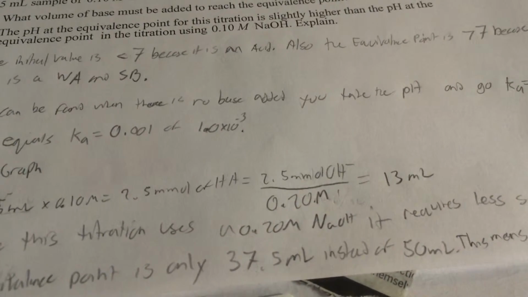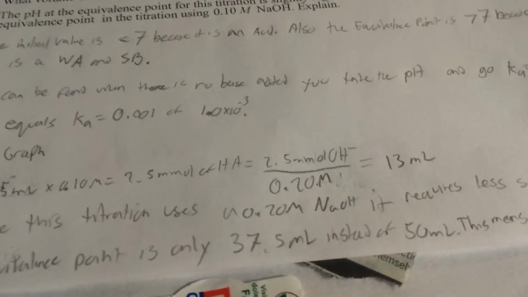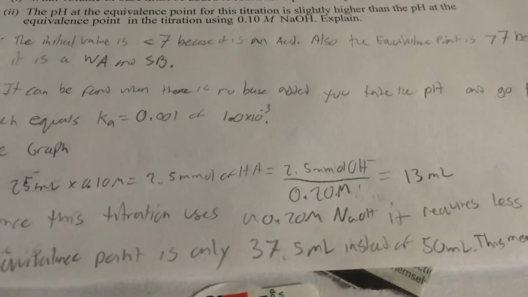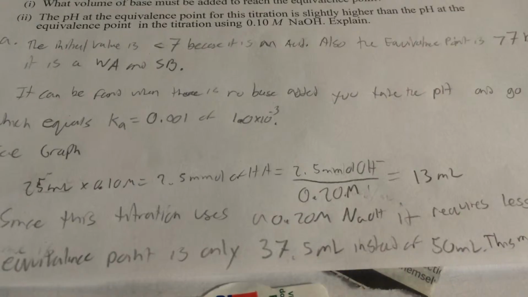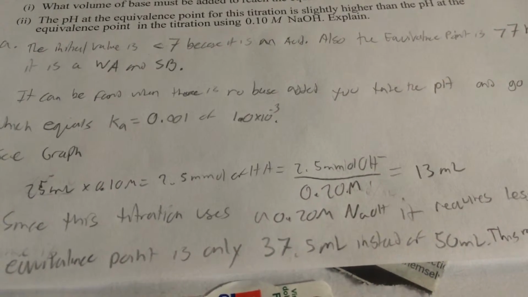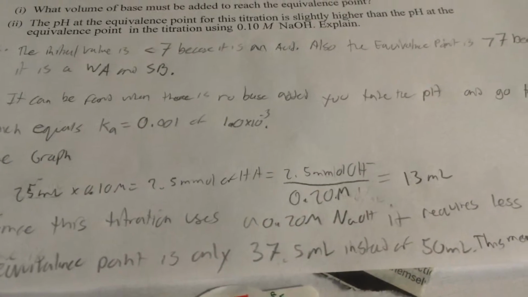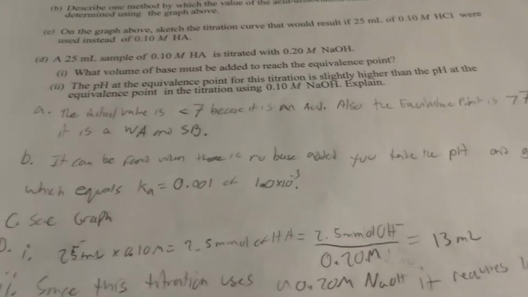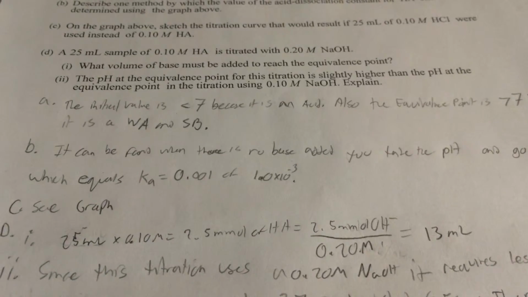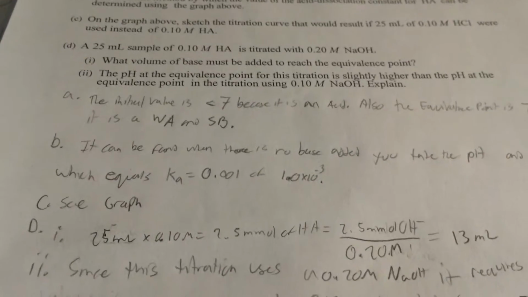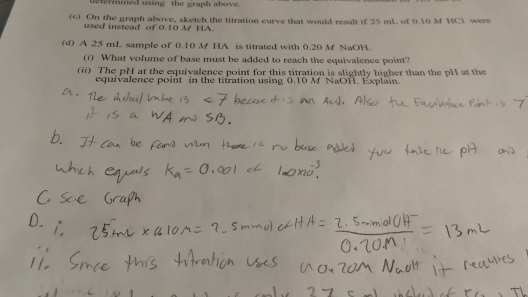To find the milliliters, you just divide by its molarity: 2.5 millimoles of OH minus divided by 0.20 molar, which gets you 13 milliliters. This is the volume needed to reach the equivalence point when using 0.20 molar NaOH.